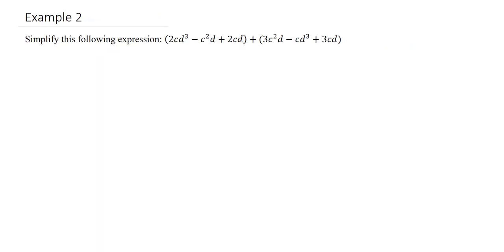So example 2, we're going to simplify the following expression. So notice we have even more variables. We have C and D, and very much different combinations of those. So let's go ahead and just rewrite this first.